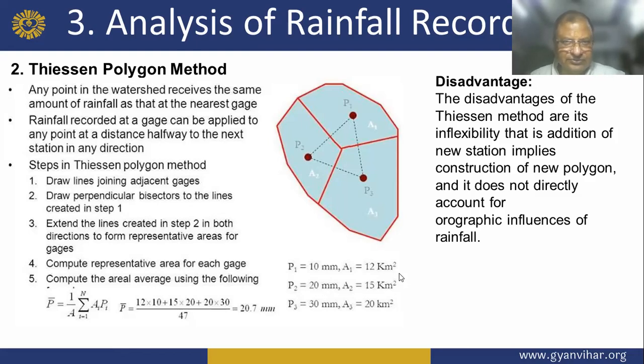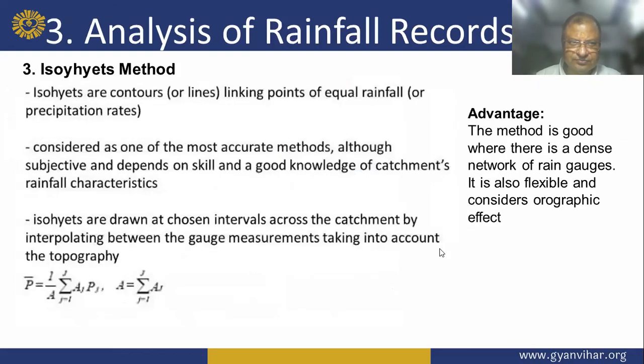And the disadvantage of this Thiessen polygon is inflexibility. The addition of a new station implies the construction of a new polygon, and it does not directly account for orographic effects. Next, the isohyetal method. Isohyets are lines linking points of equal rainfall.